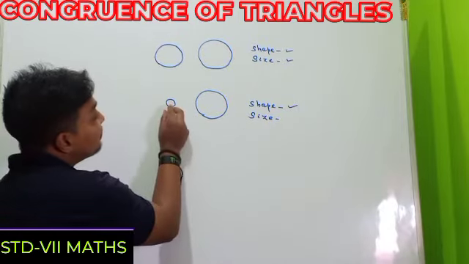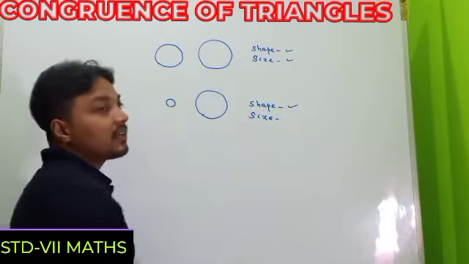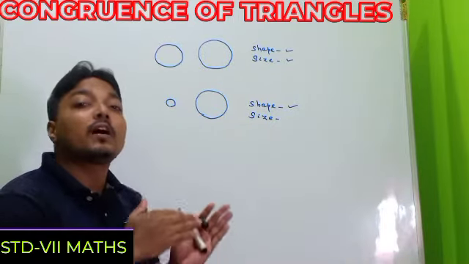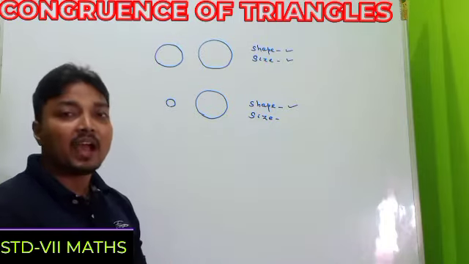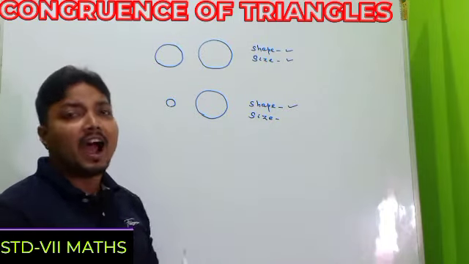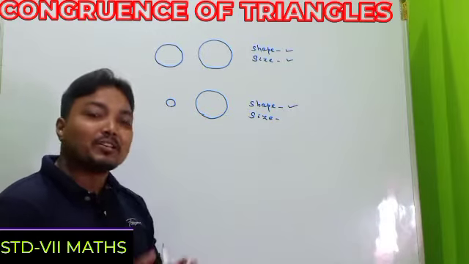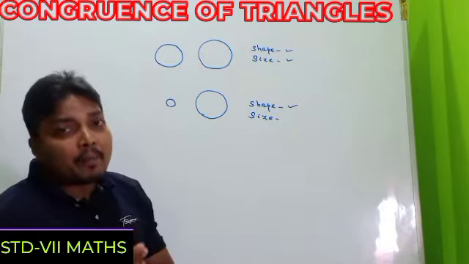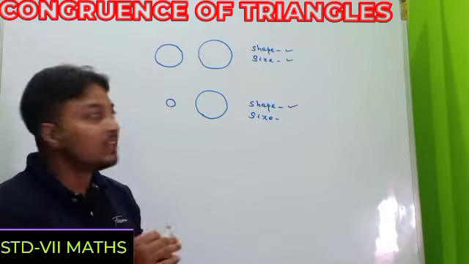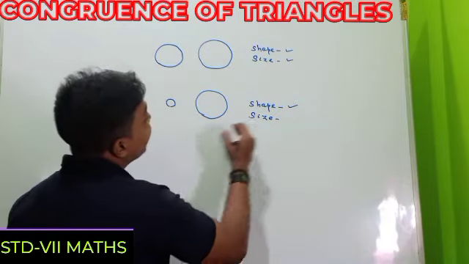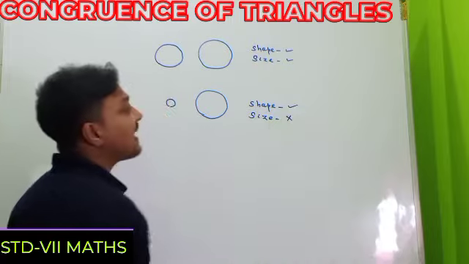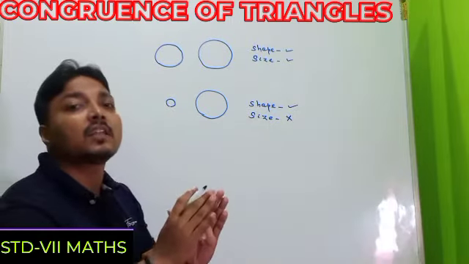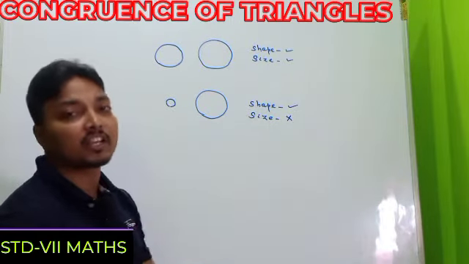This one is this much and this one is larger, so the two figures differ in size. One is smaller, another is larger. So both of them have different sizes. It means the size is not the same for this pair of circles.